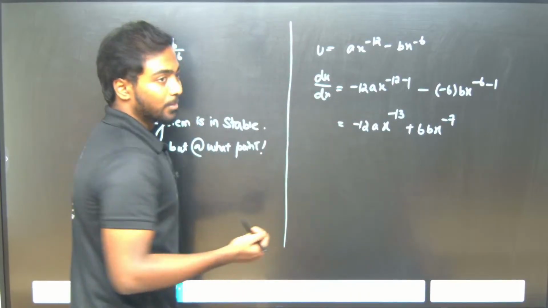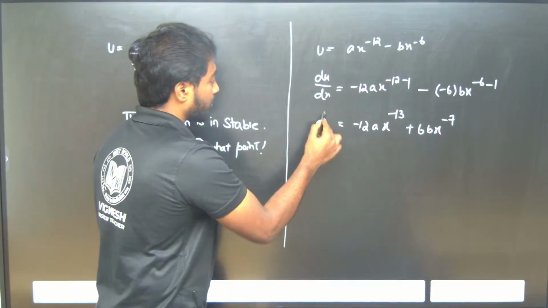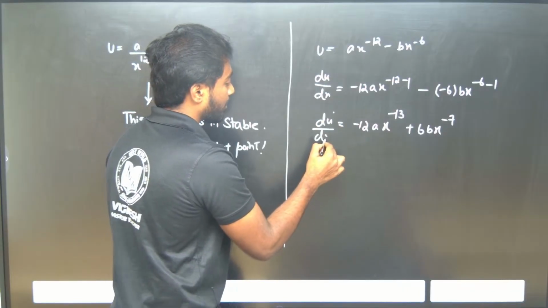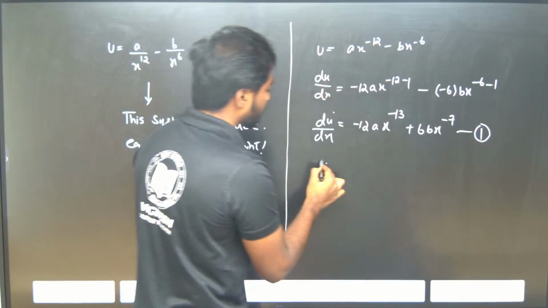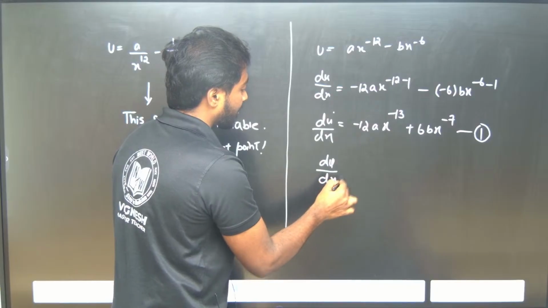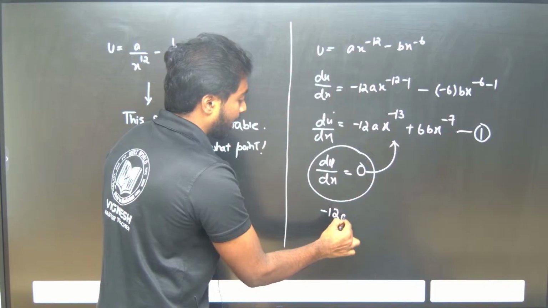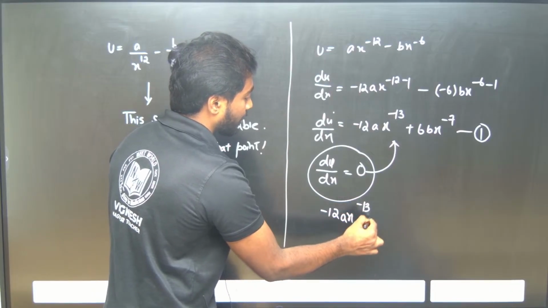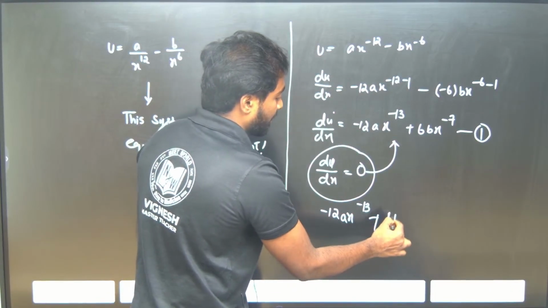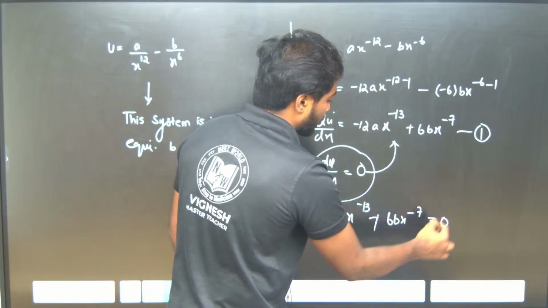This is dU by dx, equation 1. Now equate dU by dx to 0. So minus 12A x power minus 13 plus 6B x power minus 7 equals 0.